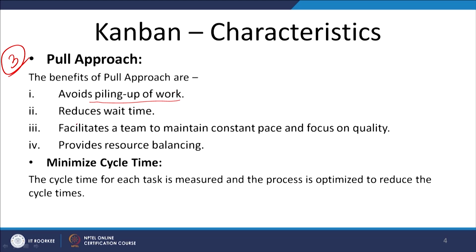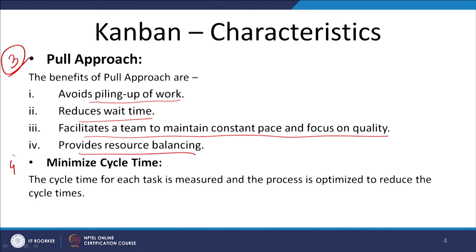So, less inventory reduces waiting time, it facilitates a team to maintain a constant pace and focus on quality, it provides resource balancing. All these are the advantages of pull based manufacturing. Because Kanban is facilitating the pull based approach, all those benefits will automatically come if you have Kanban in your organization.